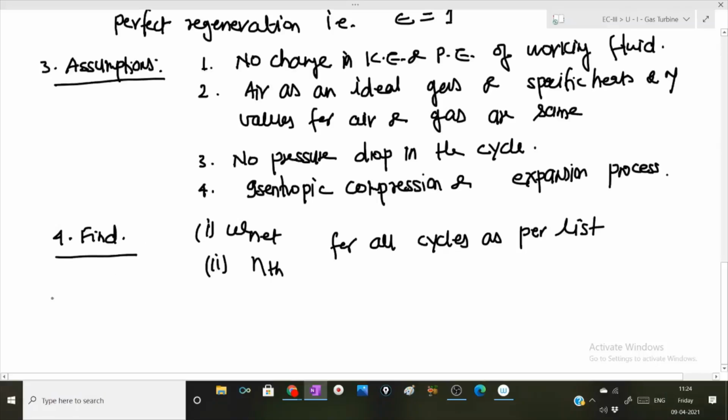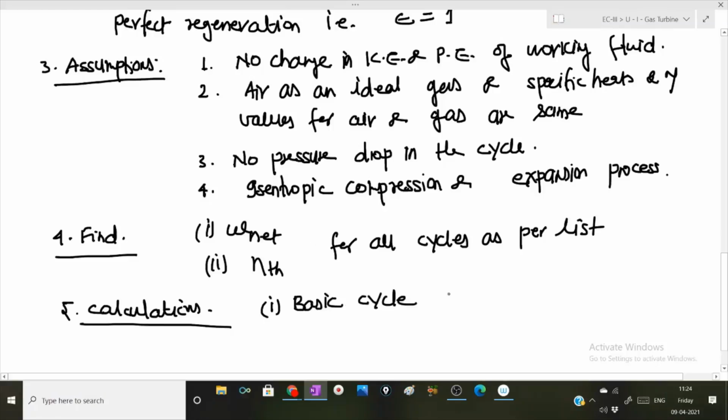Now let us do our detailed calculations. So let us first do the calculations for the basic cycle. As the problem is asking to calculate point wise, we will also be calculating point wise. Basic cycle, that is 1-4'-6-7.